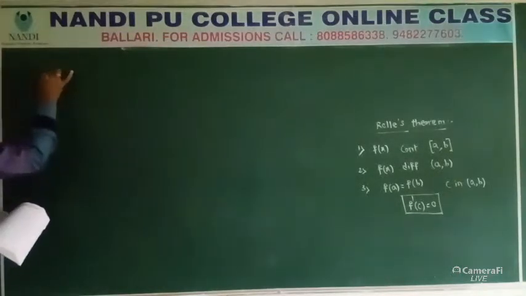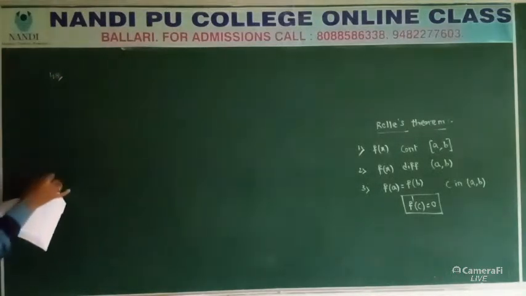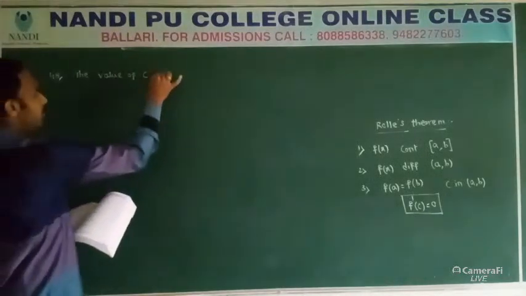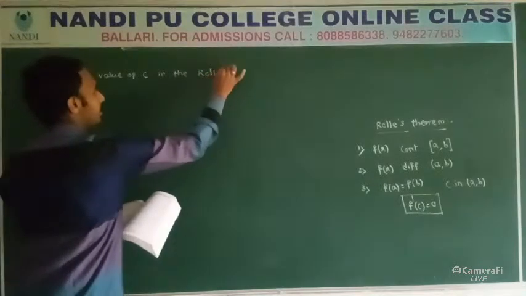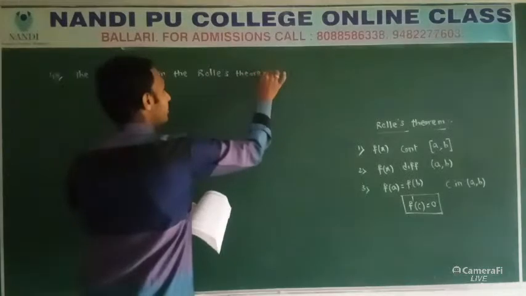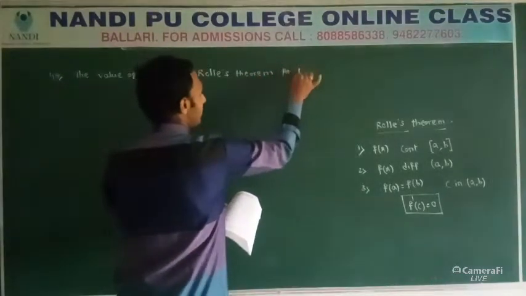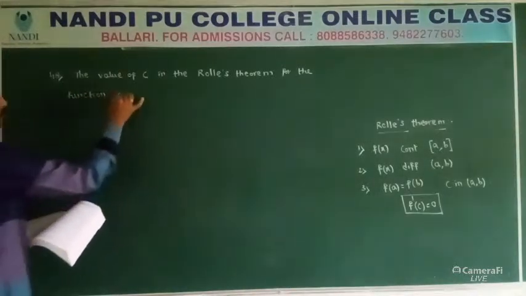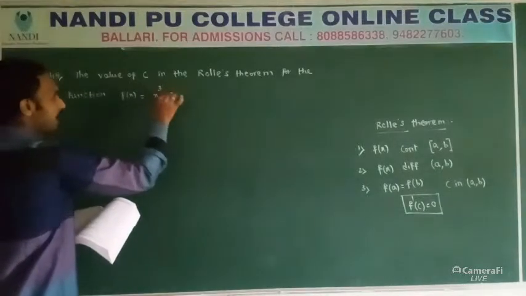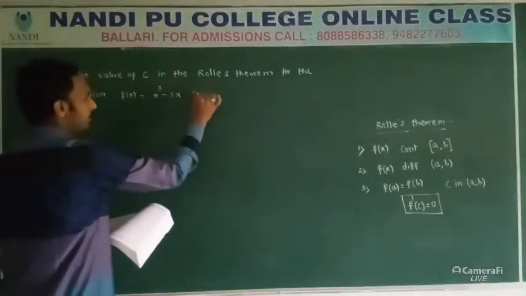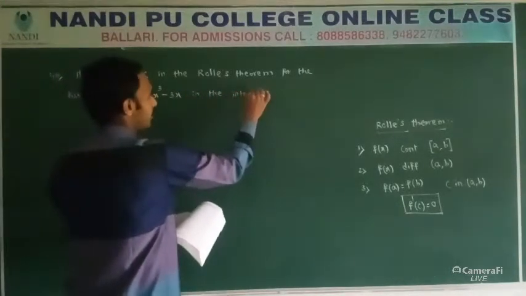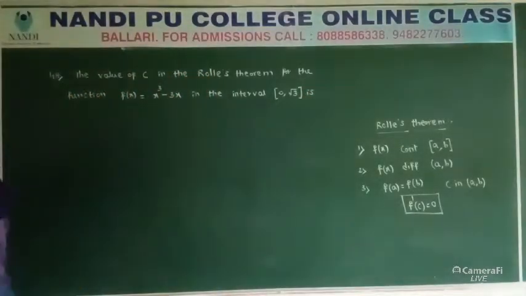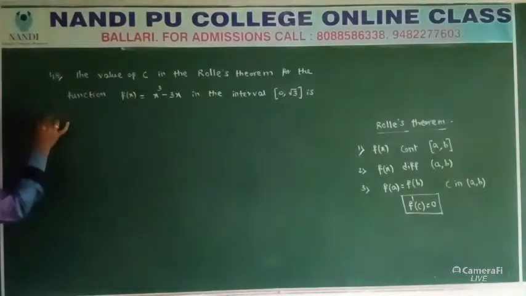Right, next problem number 48. The value of c in the Rolle's theorem for the function f of x is equal to x cubed minus 3x in the closed interval 0 comma root 3 is... Right.